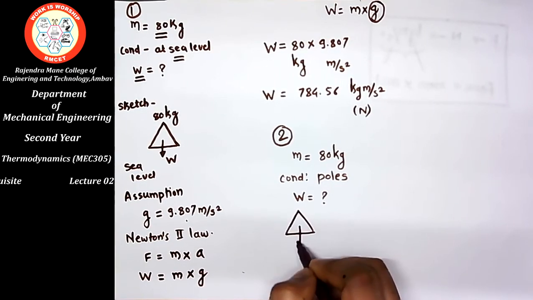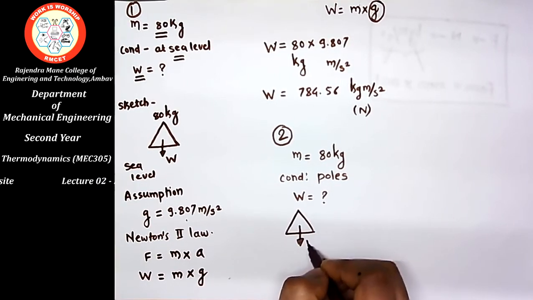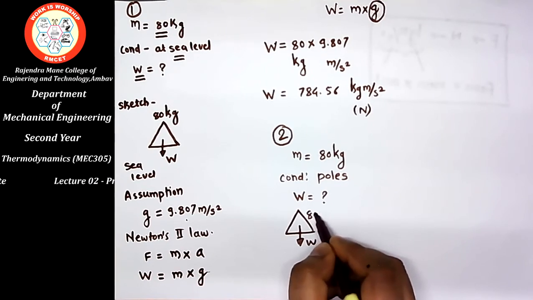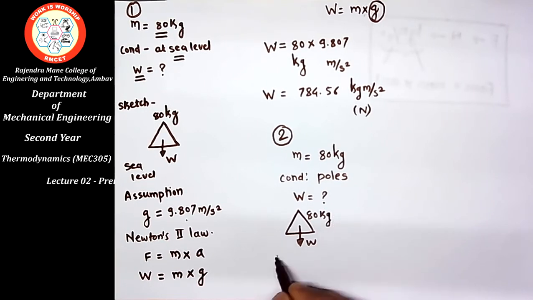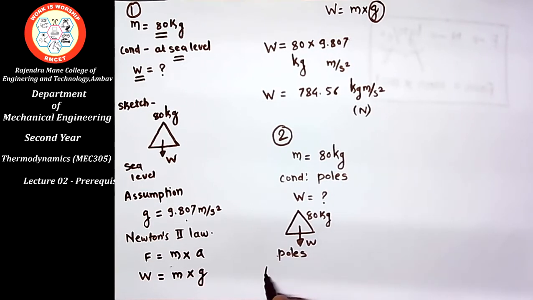There is one body exerting force W, body mass is 80 kg, but that body is now placed at the poles. The assumptions will also remain the same. Gravitational acceleration we have to assume, but now its value will be 9.832 meter per second square.